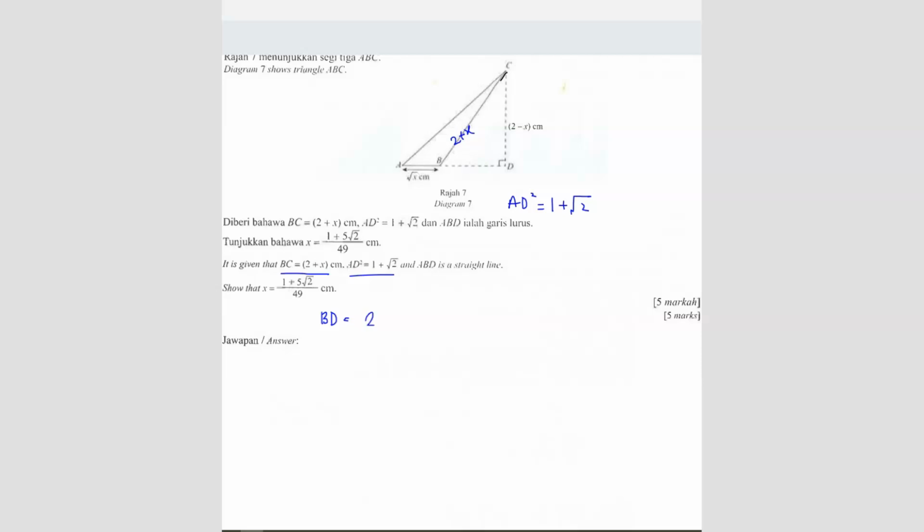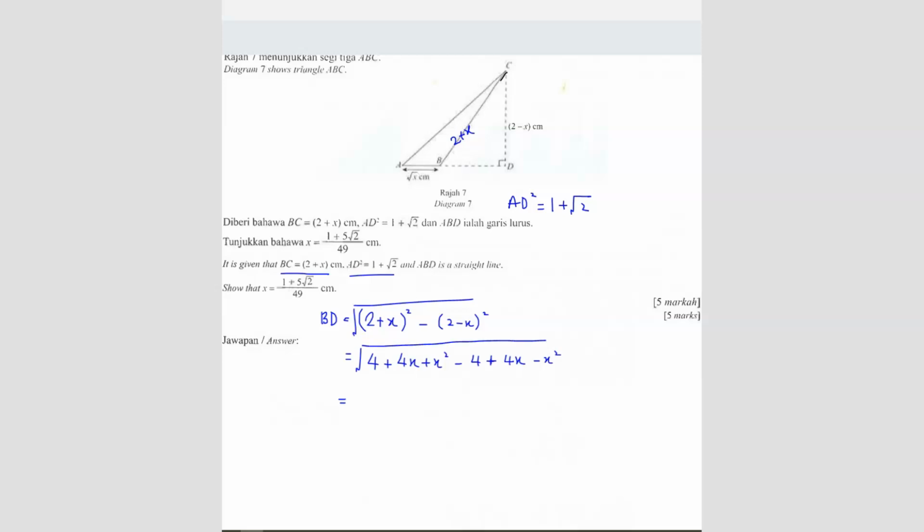BD would be 2 plus x square minus 2 minus x square, and then you square root the whole thing. So what we're going to get is 4 plus 4x plus x square minus 4 plus 4x minus x square.